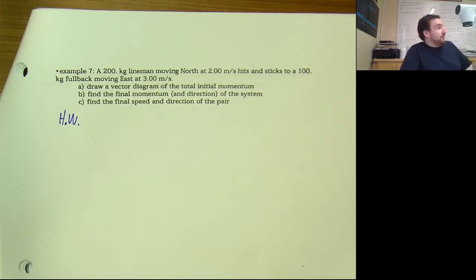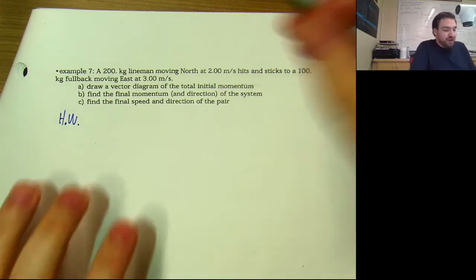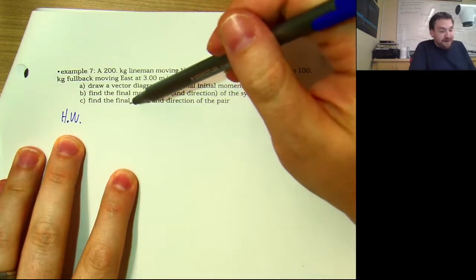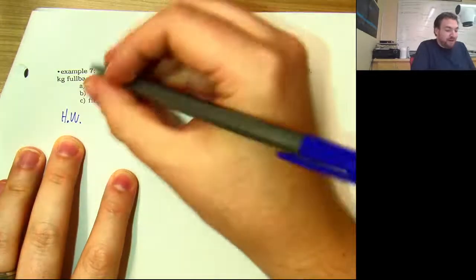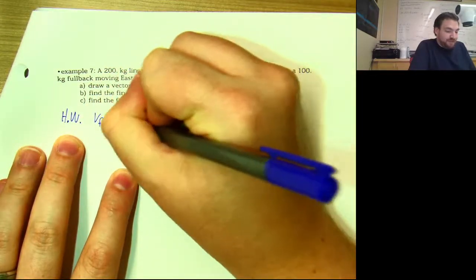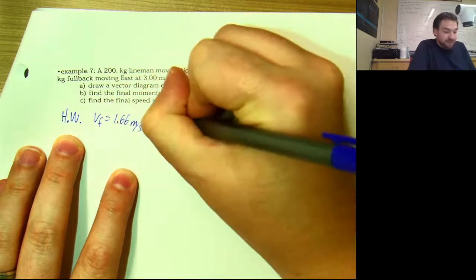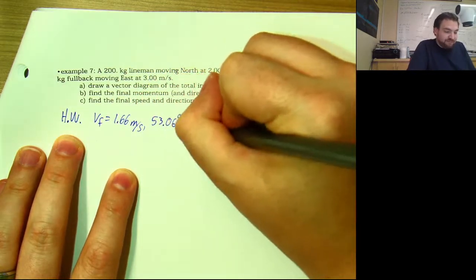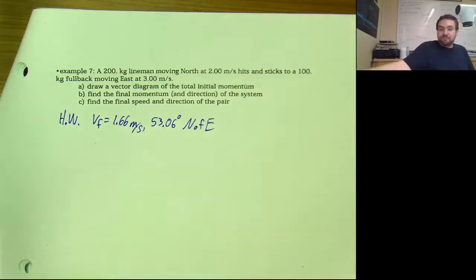I'm going to give you time in a second to do some work. This question is homework. You're looking for the final speed and direction of the pair. V final is 1.66 meters per second, 53.06 degrees north of east. That's what you're looking for. So this is part of your homework.